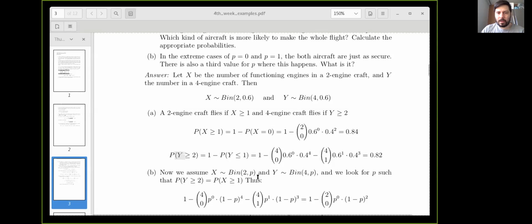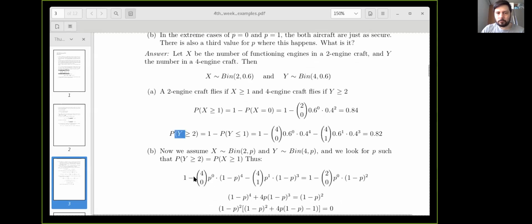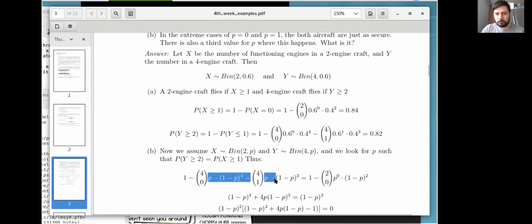So on the left-hand side, we have the probability that Y is greater than or equal to 2. So that's 1 minus the probability of Y equal 0 and minus the probability of Y equal 1. And here is the probability that X is 0.